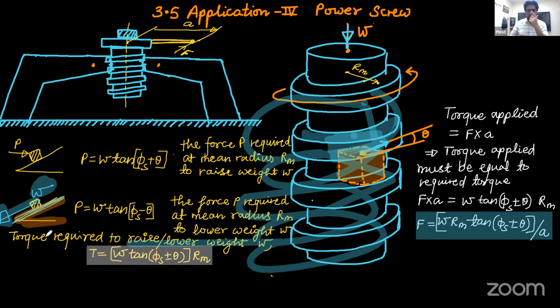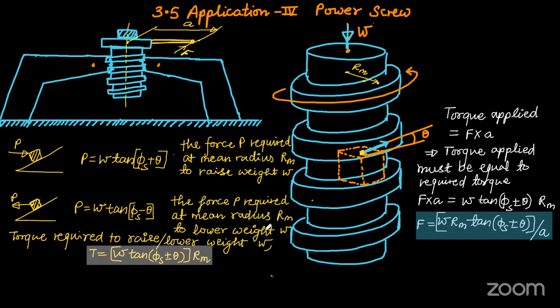Cool. What do we do to prevent this? Somebody please come forward and tell me. Sir, phi is greater than theta. Theta should be less than phi s.